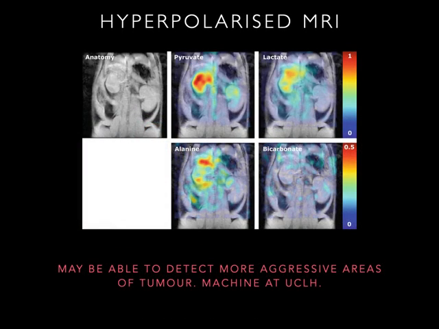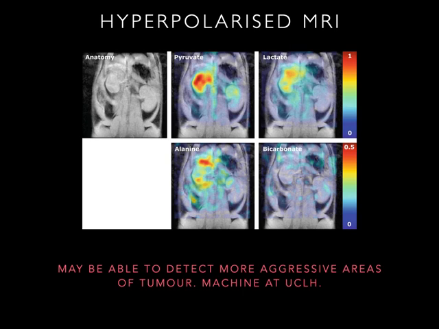The other novel technology that's being developed right now, and there's a scanner set up at UCH, is hyperpolarized MRI. Hyperpolarized MRI is equivalent to PET in some ways, in that you give different metabolic agents.